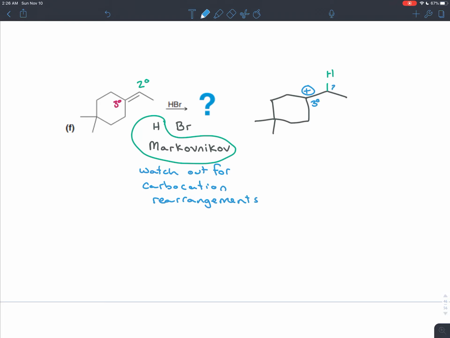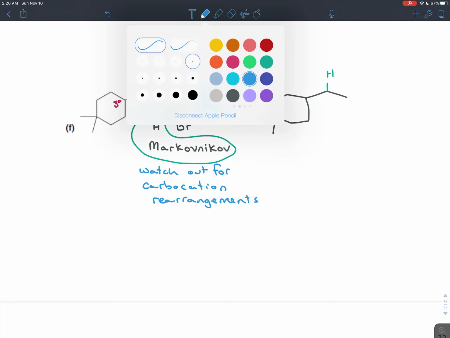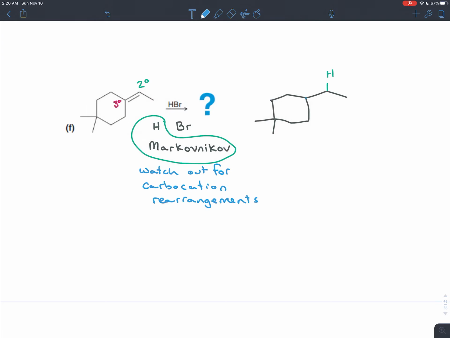The carbocation is on a tertiary carbon. Next door we have secondary, secondary, secondary. So it's already on the most stable place nearby, so the carbocation here won't rearrange. And the bromide ion will attack and attach where that carbocation was. Here we do not have a chiral center.